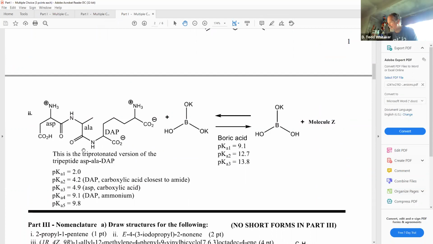It's the long story because this one's an acid, so this is a base. This base has a conjugate acid over here, and now the question is, which of these protons on here is the strongest acid? Yes.